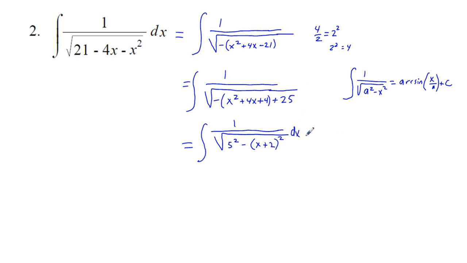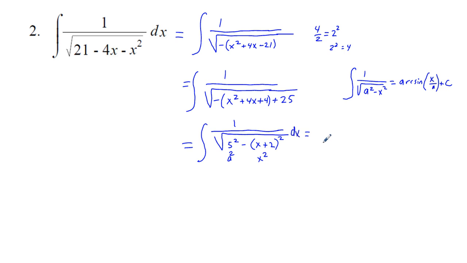And what that's going to equal, coming to the right, this is going to be our a here, this is going to be our a squared, this will be our x squared.